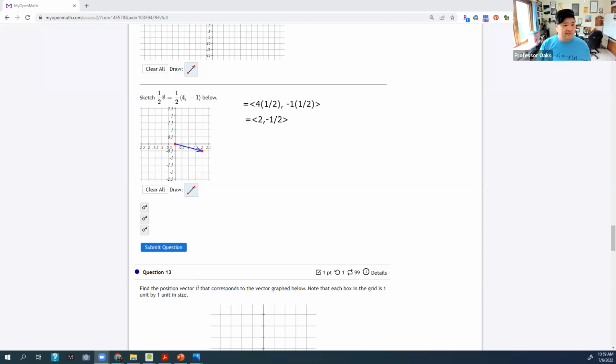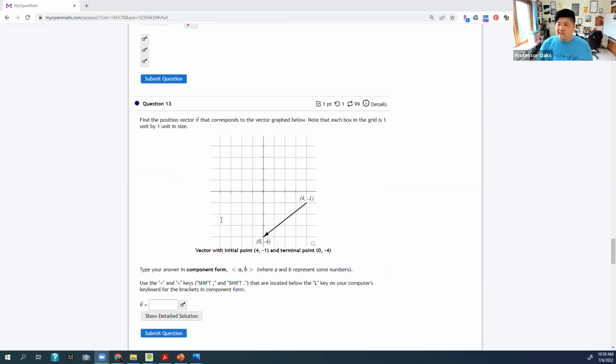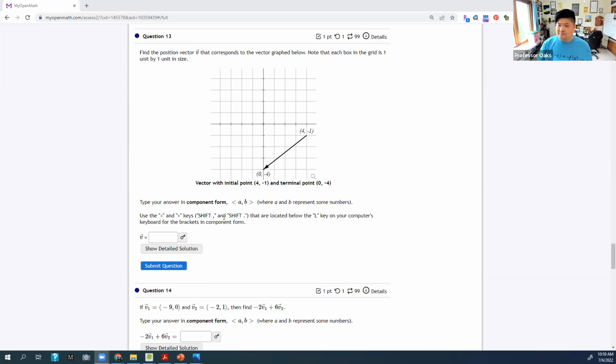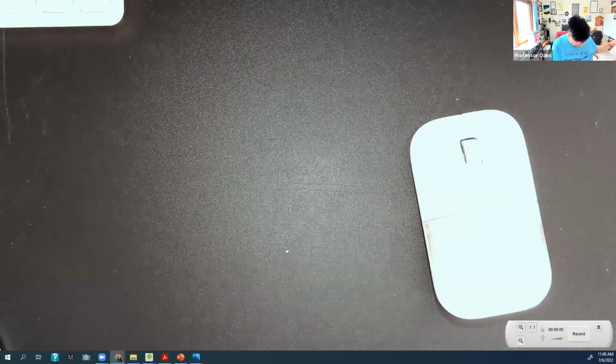So let me see here. Let me clear that. Let me see if there's anything particularly trickier that will come down here. Yeah, so this one right here. Number 13 could be tricky if you are not paying attention to what you're doing.